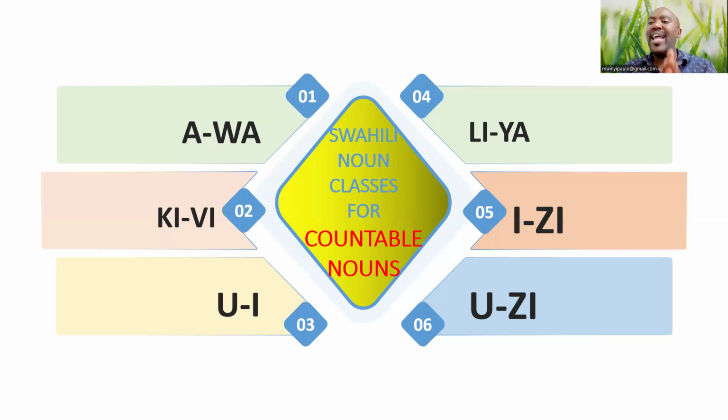Maybe I should teach you the Swahili name for noun class, because once in a while you'll hear me, in a slip of the tongue, mentioning it. Noun class in Swahili is called Ngeli. So you'll hear me say Ngeli ya awa, meaning awa noun class. Ngeli ya kivi, meaning kivi noun class. Ngeli ya ui, meaning ui noun class.